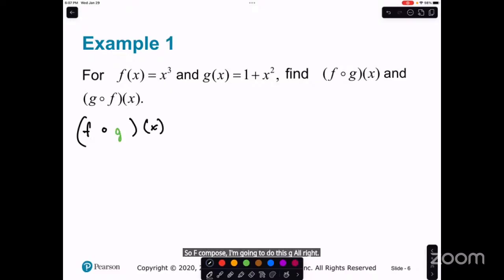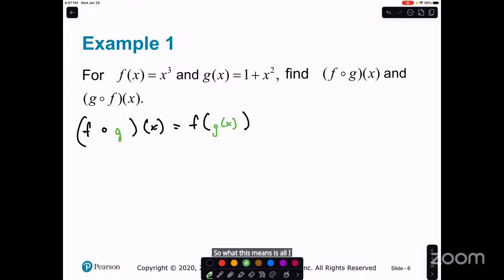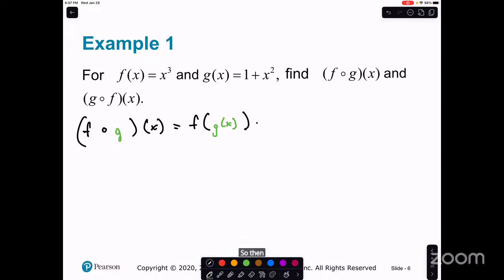Again, this means the second function inside the first function, so it's f of g of x. All I'm going to do is write f of x like normal, but wherever there's an x, I'm going to replace it with the green thing. So this is going to be f of, now g of x is 1 plus x squared.